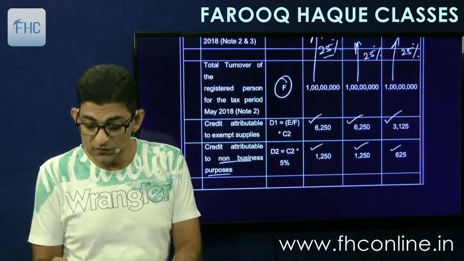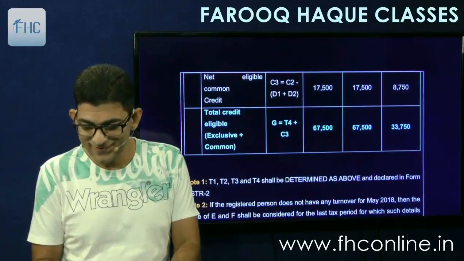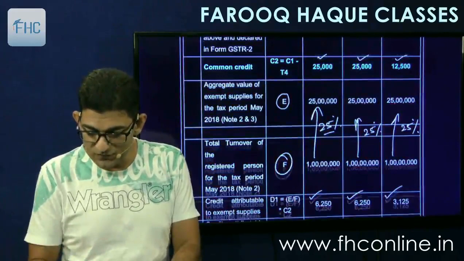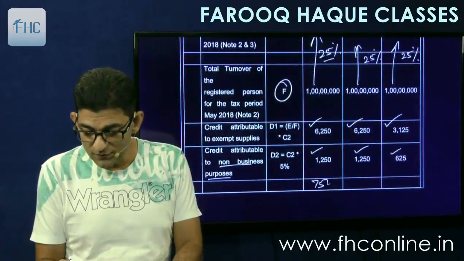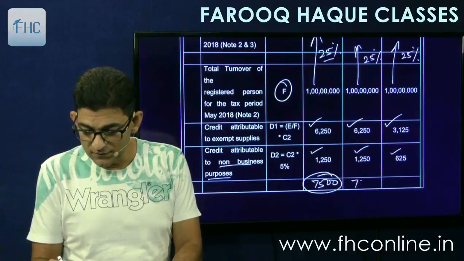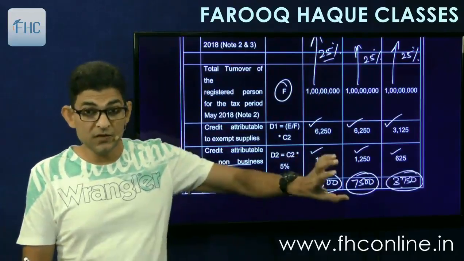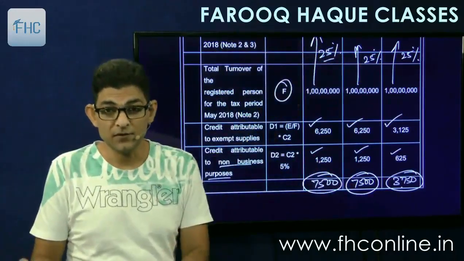Now take the total of this. It's not given, so first you take the total of this. This is the total reversal. So this is 7,500 total reversal. This again 7,500, and this will be 3,750. So these figures will be reversed out of 25,000, 25,000 and 12,500.